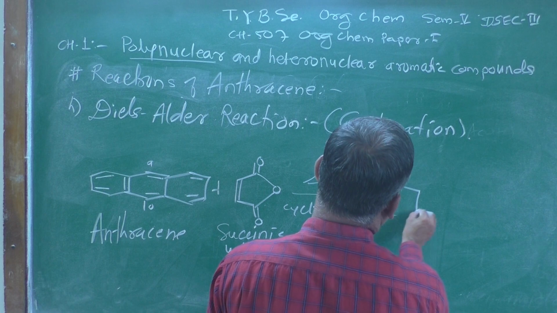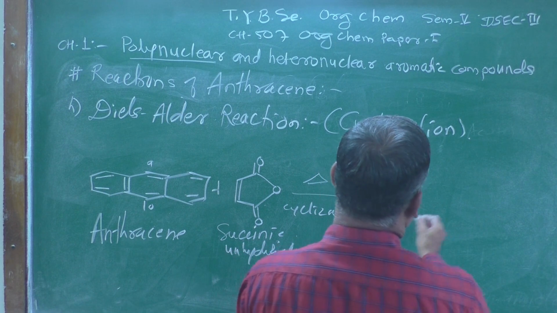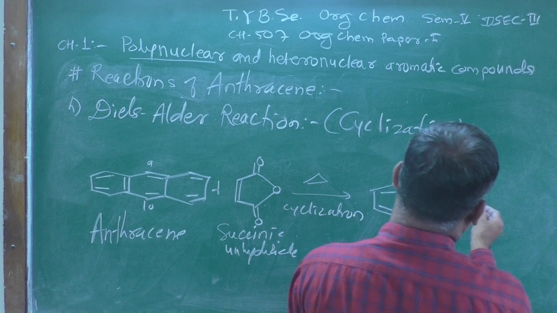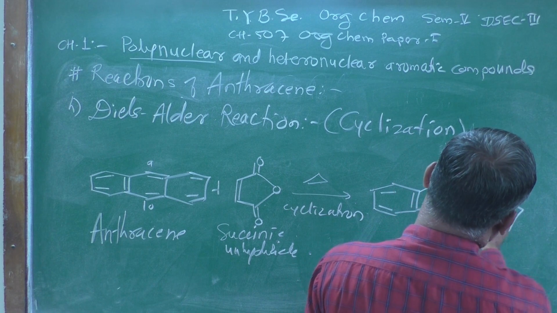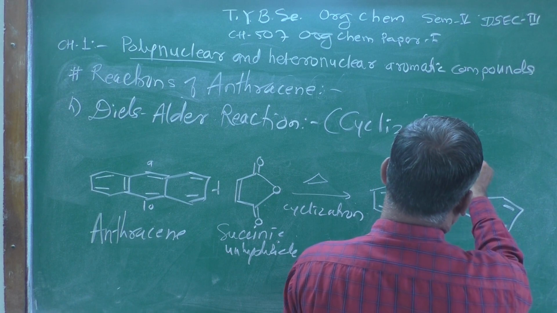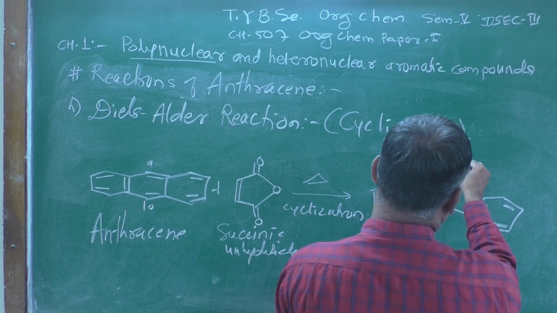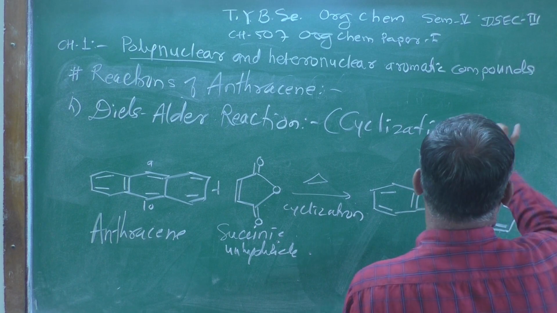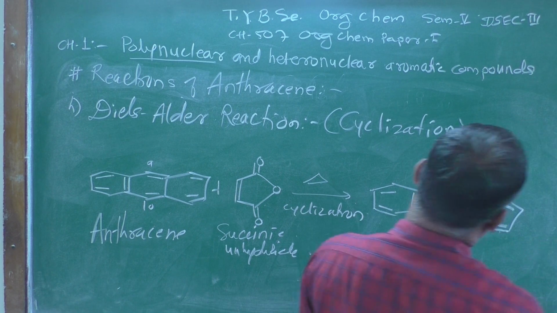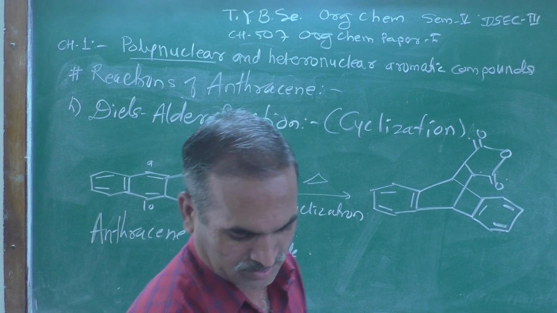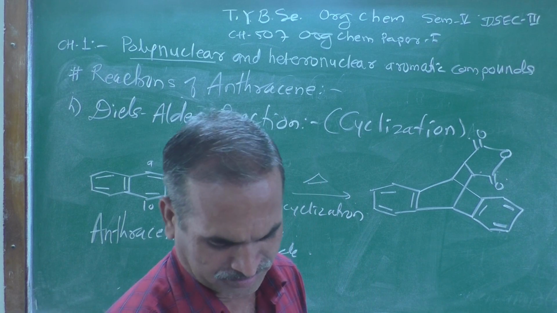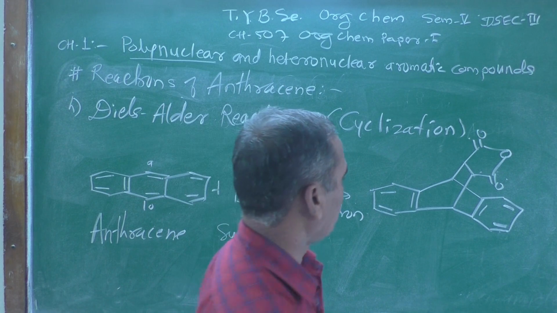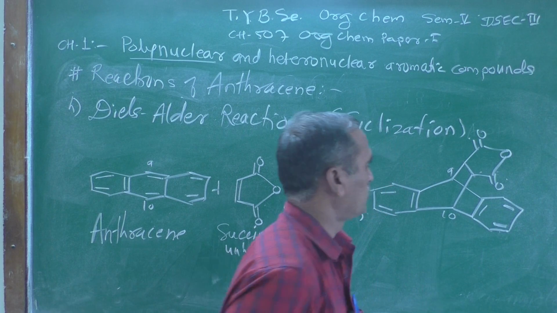I am showing one benzene ring this way, then another benzene ring like this, and there will be this compound with C double bond O. Cycloaddition takes place here, and we get this type of compound. This is the 9 position, and this will be the 10 position.